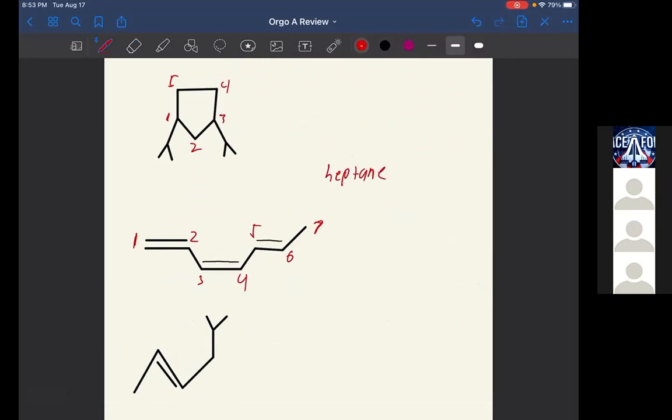However, that's not going to be the name when we're done. And then there's a 1 ene, there's a 3 ene, there's a 5 ene, and if you put this all together, that would then be 1, 3, 5 hepta tri ene.